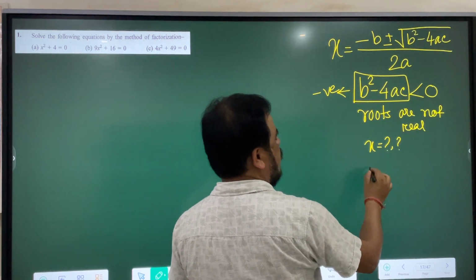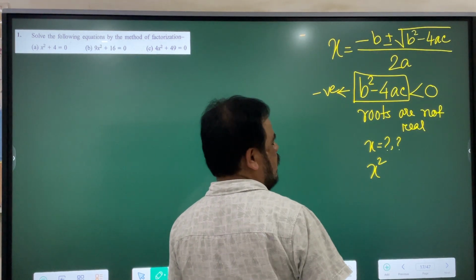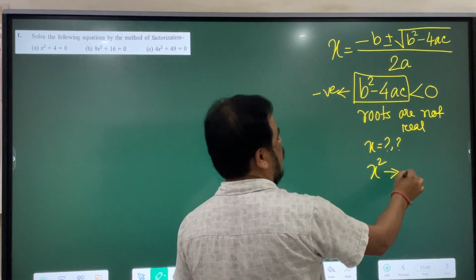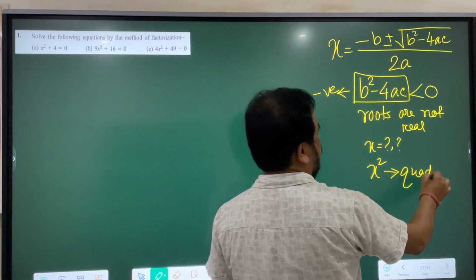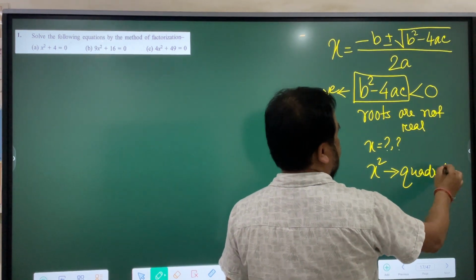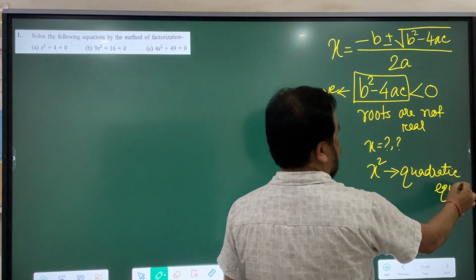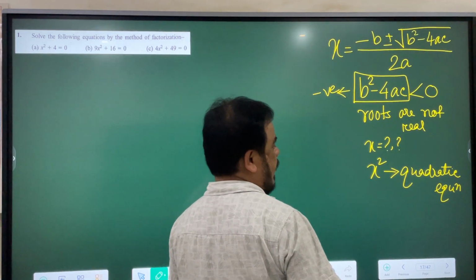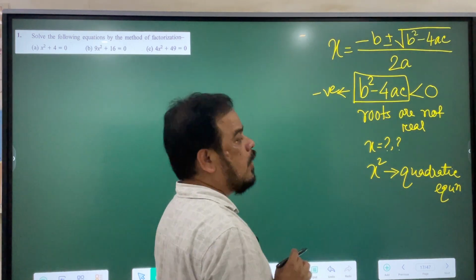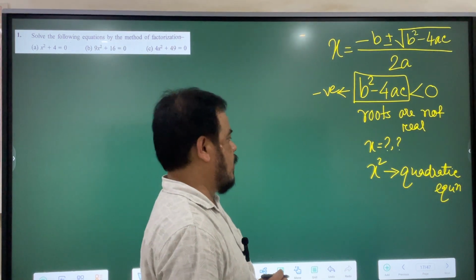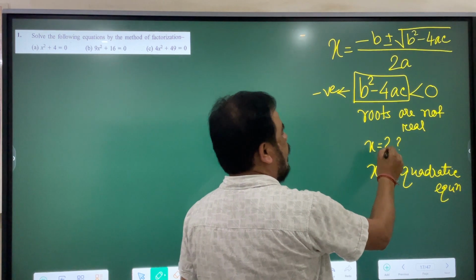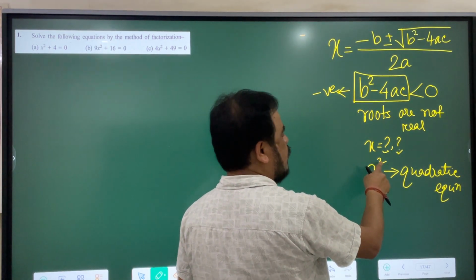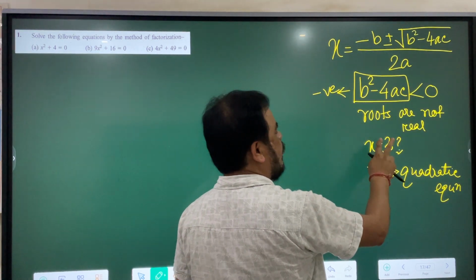A quadratic equation means the highest power of x is 2. In an equation where the highest power of x is 2, that will be called a quadratic equation, and that is why we will get two values of x, not 1, because the highest power is 2.